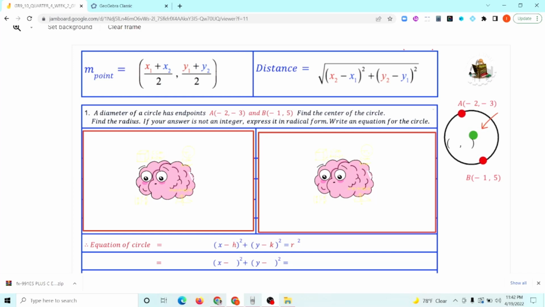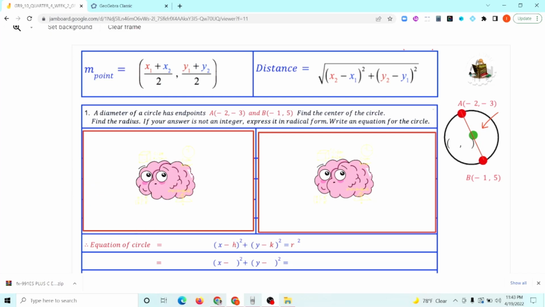Now, you cannot have a diameter if you don't have a circle. So what are we going to do with these endpoints? Well, we're just going to connect them. So if I connect A and B, I have a diameter, because that's basically the definition of a diameter: from the circumference through the center to another point on the circumference.